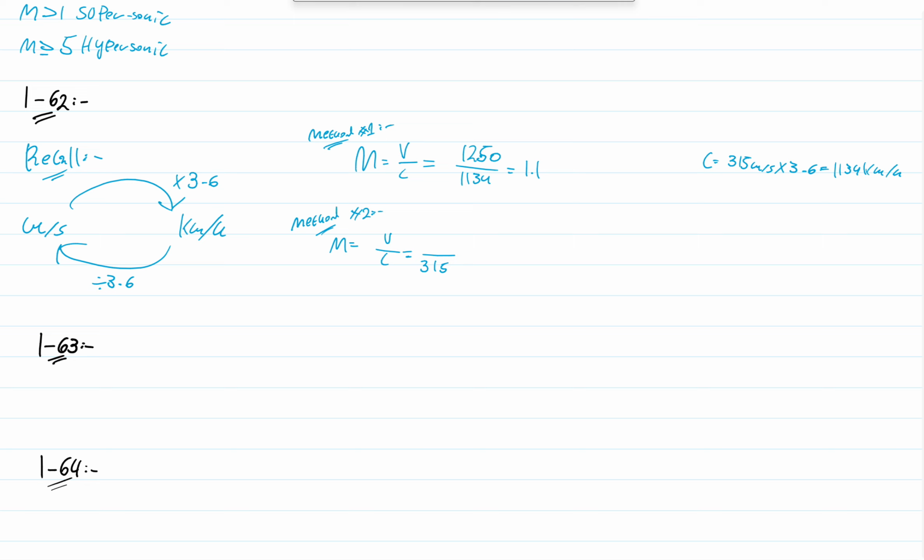The other method could be, we could just say that v is equal to the number itself, which is how much? 1250 kilometers per hour. Divide that by 3.6, which is going to give you the number of 347.22. Factoring that in, it's going to become 1.1.